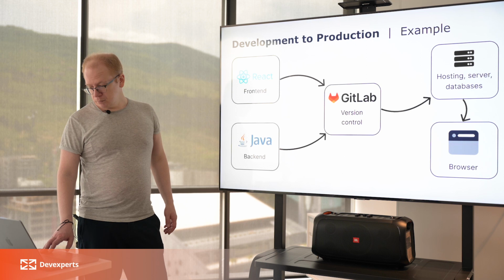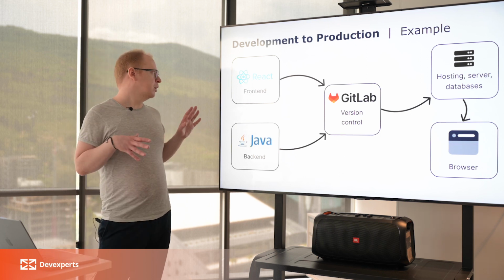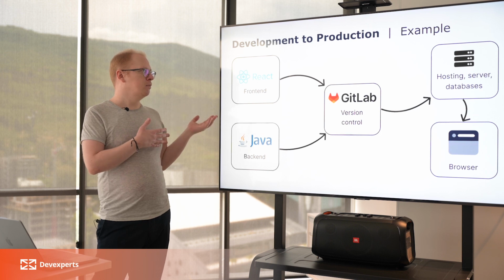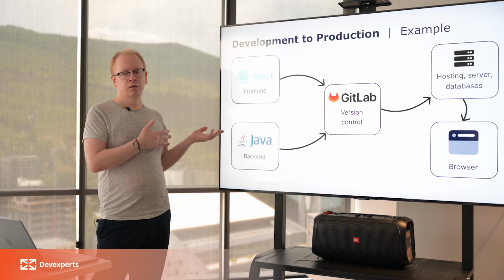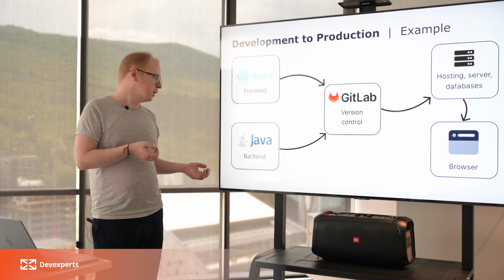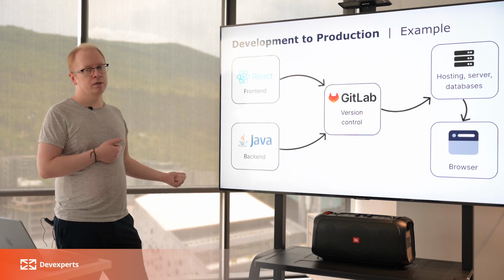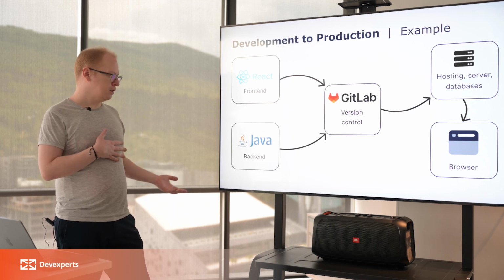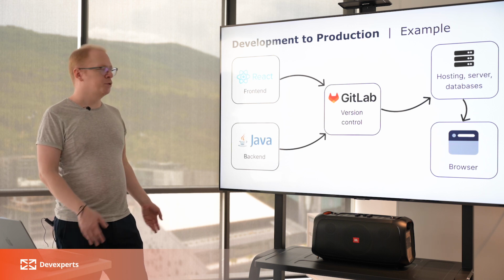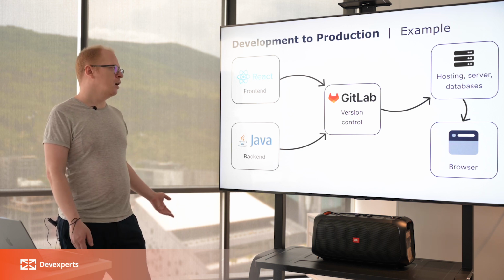And to give a broader picture, for instance, a front-end team develops with React, which is a popular solution for front-end development. The backend is built with Java, which is also a very popular solution for backend and for enterprise.